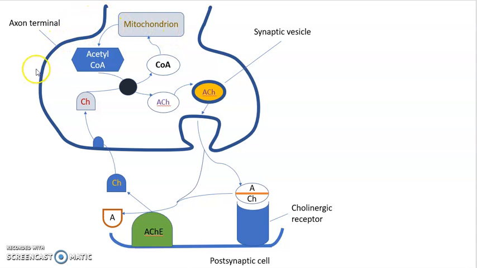We have the axon terminal here, and first you have choline with acetyl-CoA, acted upon by the enzyme. Also important to remember the enzyme. So we have acetylcholine.